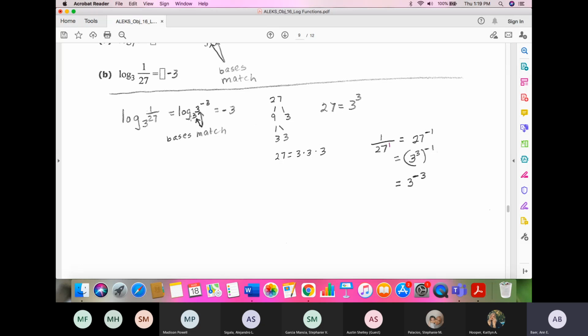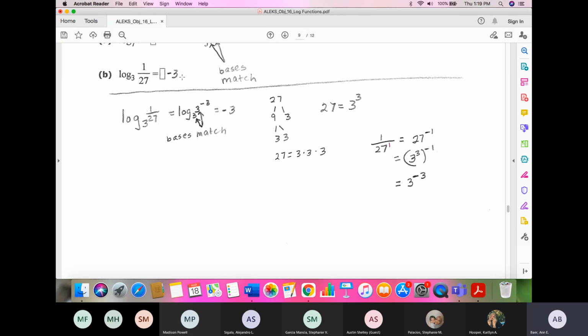When the number in the base of the logarithm matches the number in the base of the exponent, then the answer is this -3. Remember, an entire logarithm, all the pieces of the log, is an exponent. And when the bases match like this, it is the exponent you see. It is -3. That's the answer for part B.